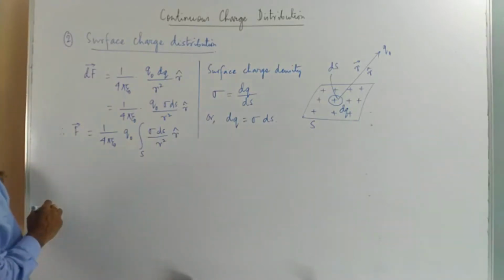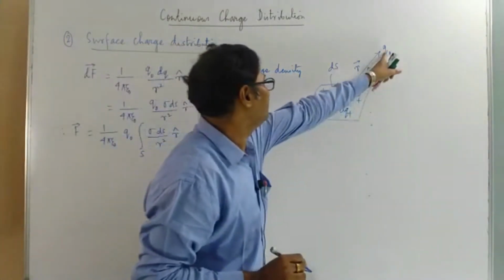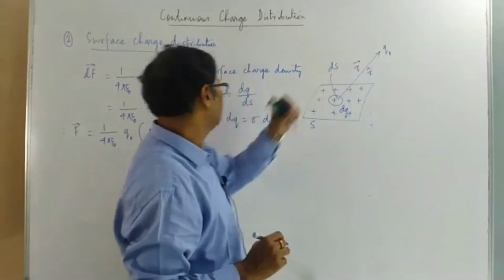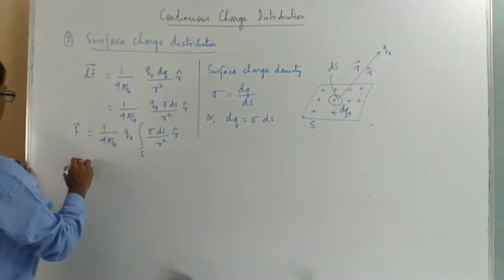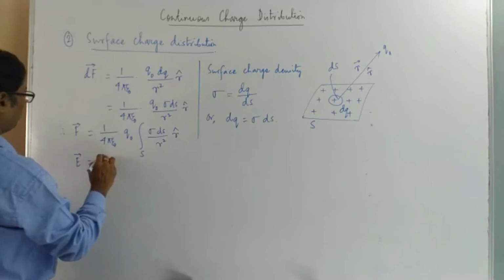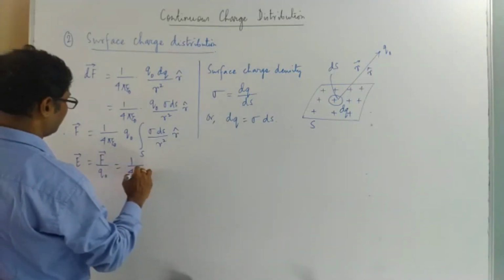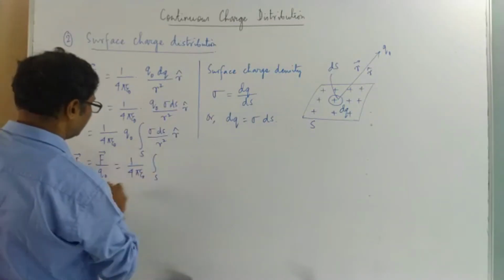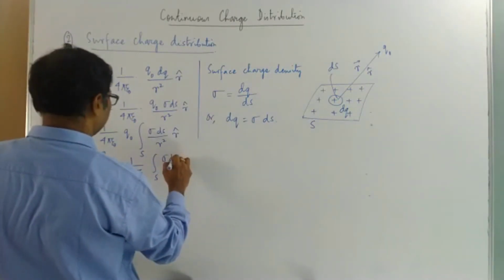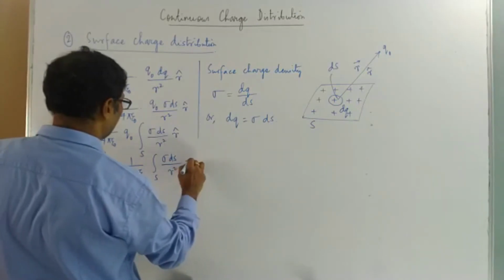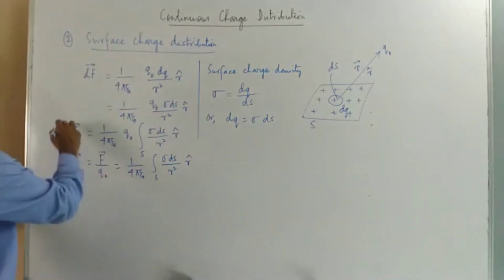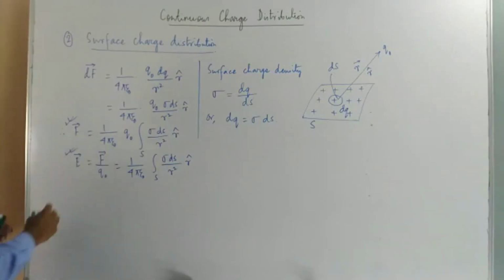Or if you want to find the electric field at this point due to this entire charge distribution, I can write E is equal to F by Q0, that is equal to 1 by 4 pi epsilon 0 integration over S sigma ds by r square r cap. So these are the expressions of force and electric field due to a surface charge distribution.